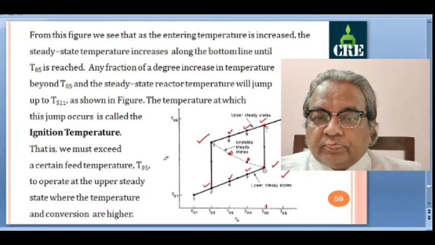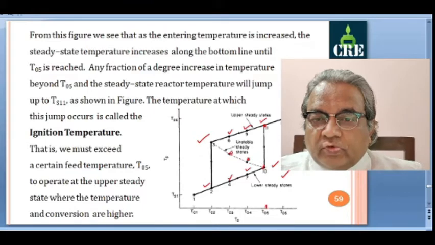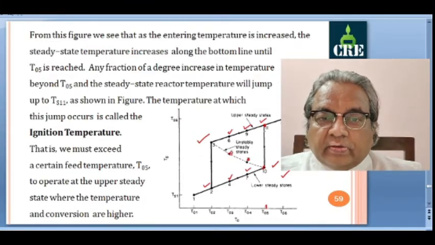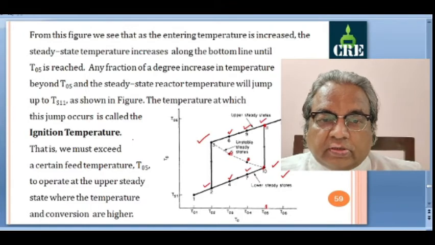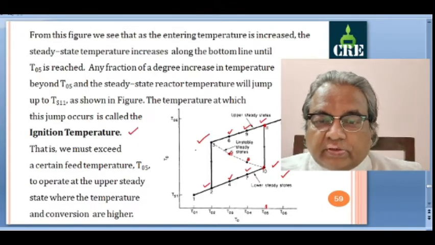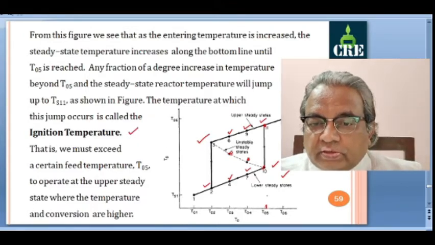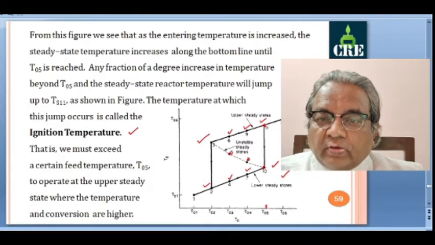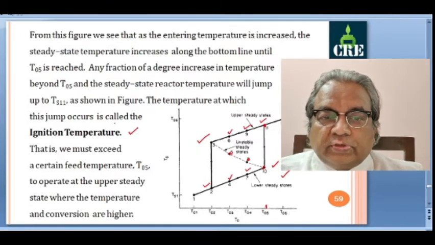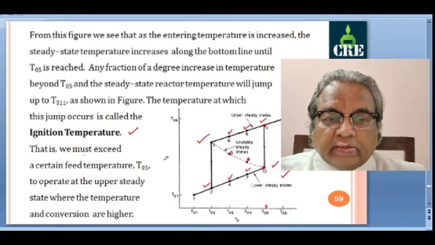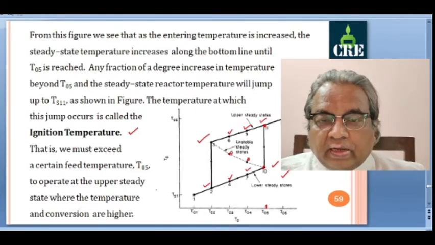So it will jump from TS10 to TS11, and the temperature at which this jump occurs is called the ignition temperature. Just crossing this T05, this will jump. That is, we must exceed a certain feed temperature T05 to operate at the upper steady state, where the temperature and conversions are higher.